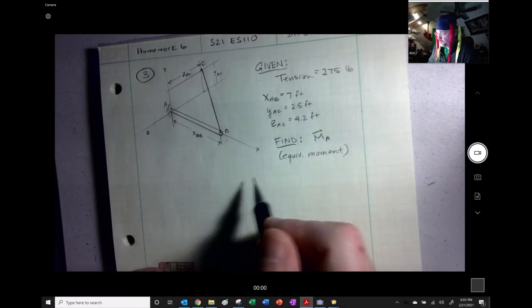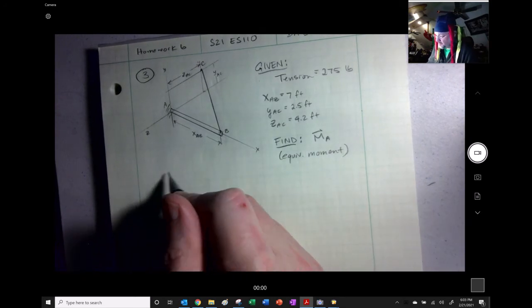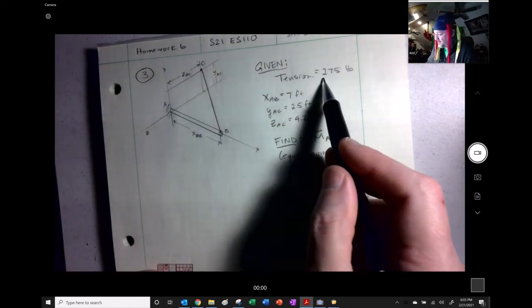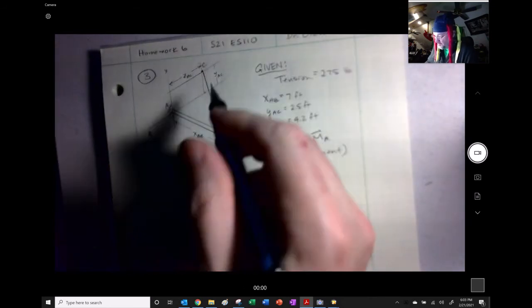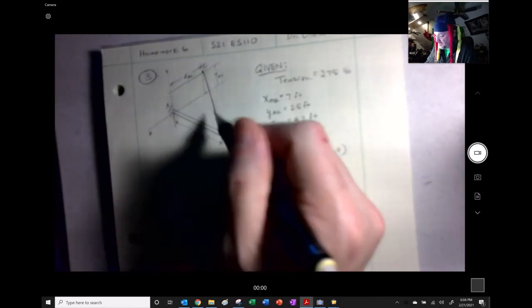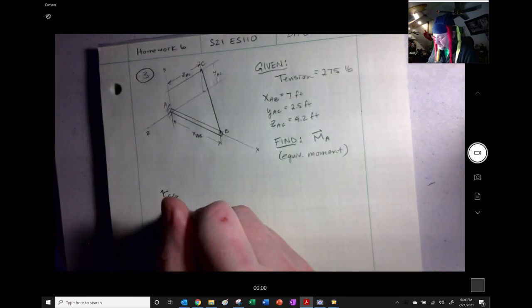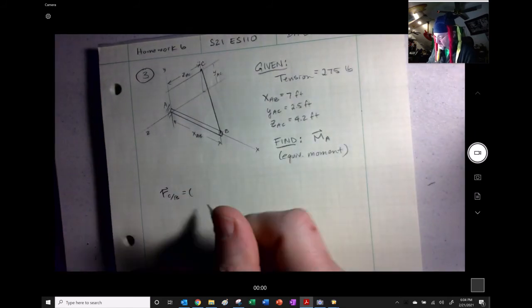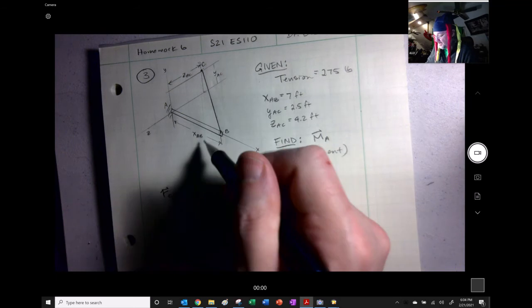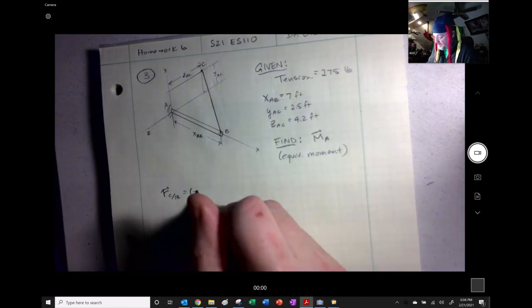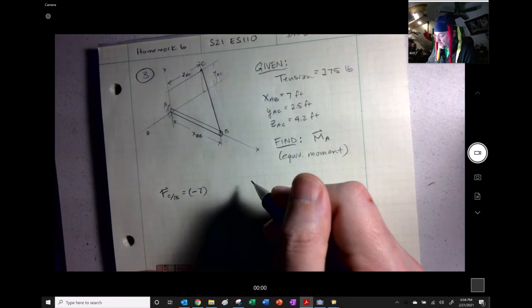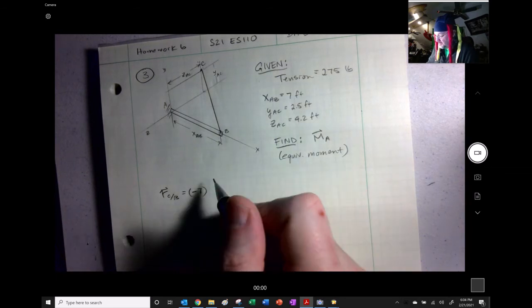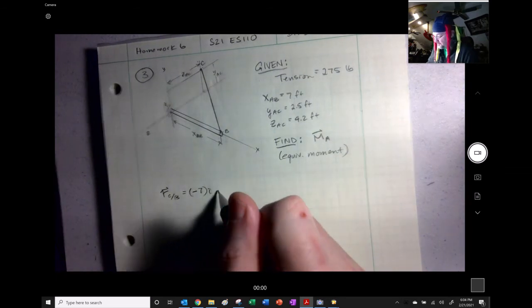Okay, so let's write this out. First off, I'm going to need to find the tension force. In order to do that, I need the position vector of C with respect to B. So in the x direction, that's going to go a negative 7 feet, in the i.